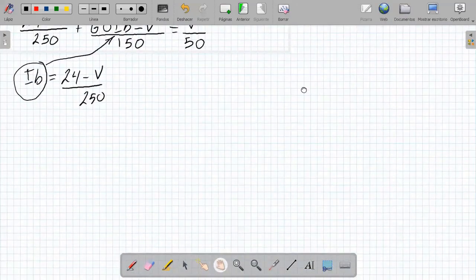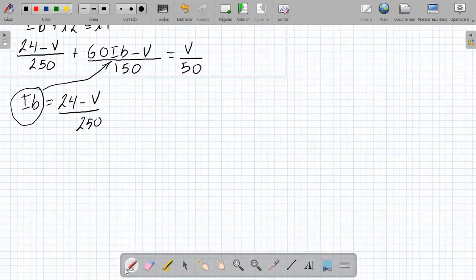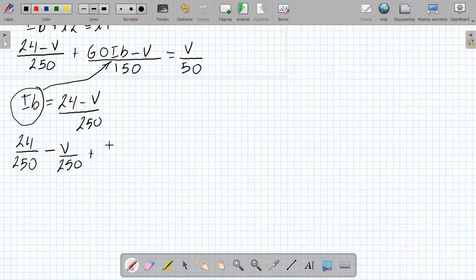I'm going to leave the equation here to see it. So I'm going to do algebra and then introduce that idea. I'm going to have 24 over 250, I'm separating this, minus V over 250 plus 60 over 150, which multiplies the IB. But we had said that IB is 24 minus V over 250.